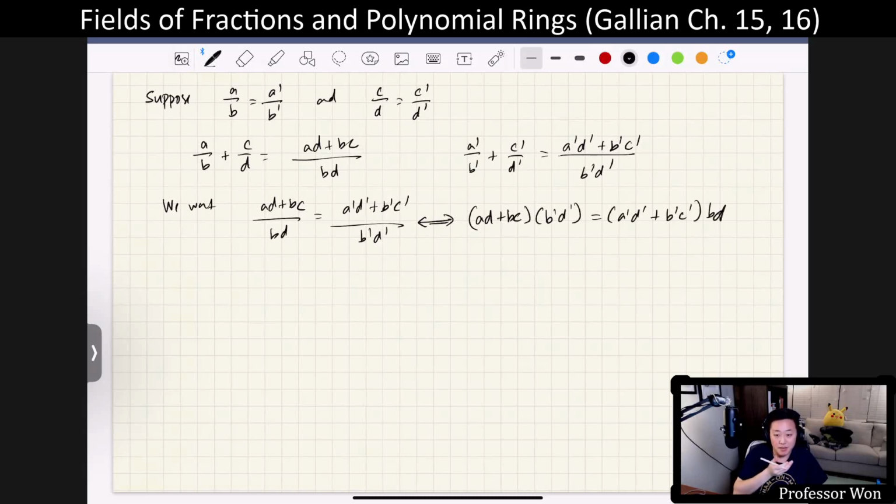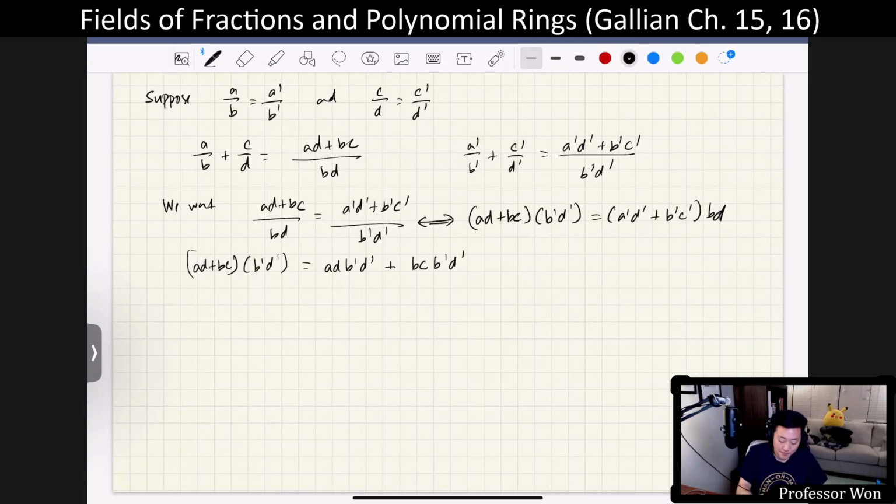We want to show that this equality holds in R, but this is just a matter of multiplying out. So AD plus BC times B prime D prime is AD B prime D prime plus BC B prime D prime.